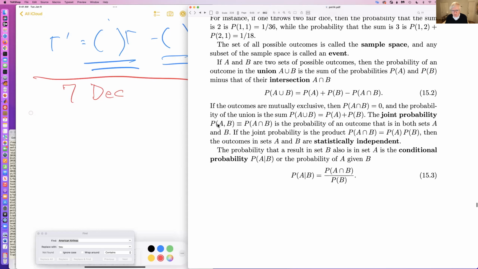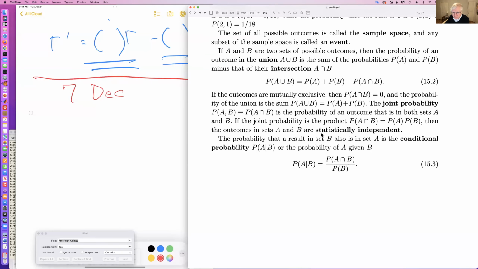The joint probability, P of A comma B, is the probability of the intersection of the 2 sets. And if the joint probability is the product of the 2 probabilities, then we say the sets are statistically independent. So these are just basic definitions.